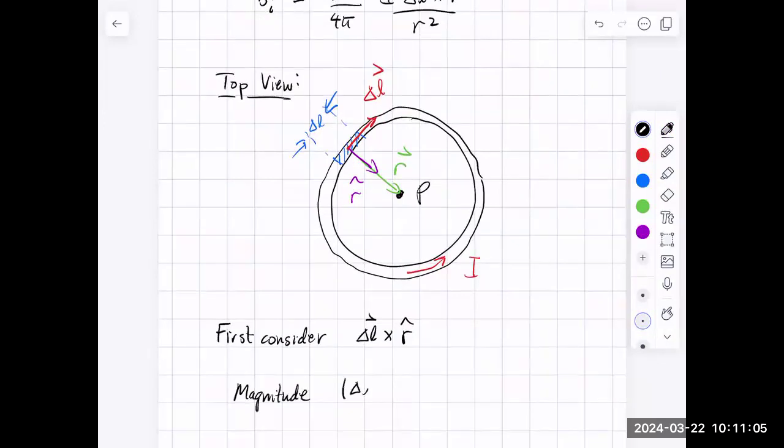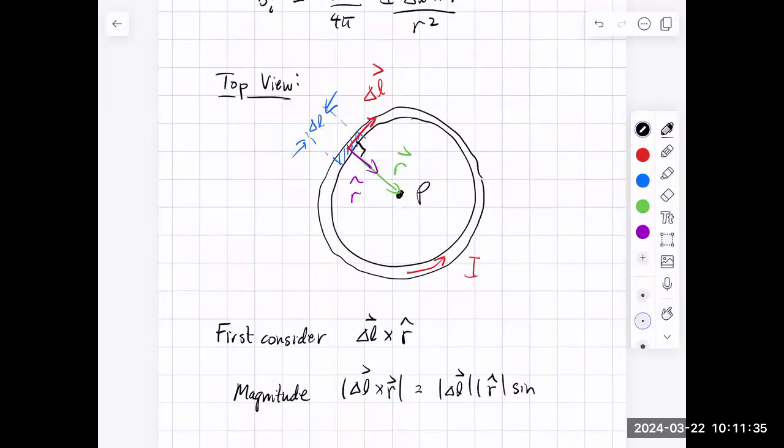So remember, for cross products, if we want the magnitude, it's the magnitude of the first vector times the magnitude of the second vector times the sine of the angle between them. So it's going to be the magnitude of delta L times the magnitude of r hat times the sine of the angle between them. What's the angle between delta L and r hat?